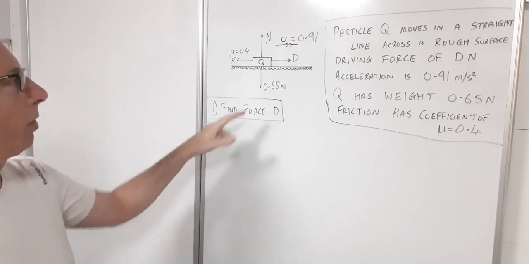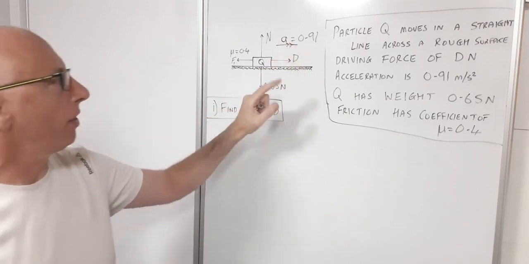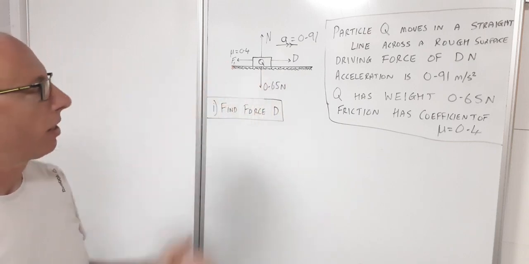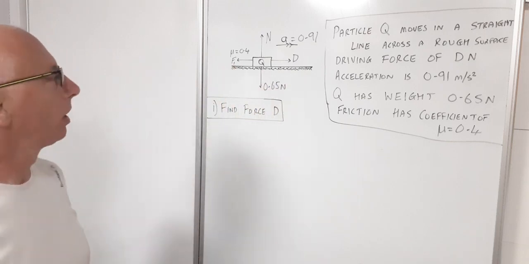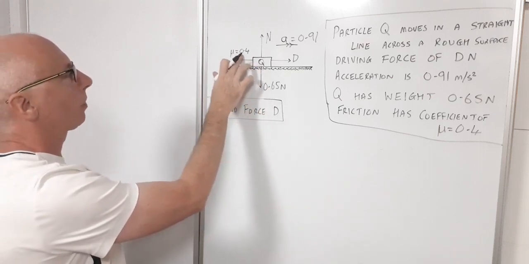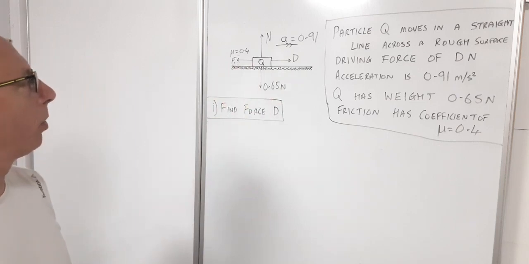Okay, what we want to do is find out what this force D is. So we've got the acceleration, we've got the weight of the particle, and we've got the friction here. So that's what we need to work with. So where are we going to start? Well, we've got the coefficient of friction, and the particle has a weight of 0.65 newtons.